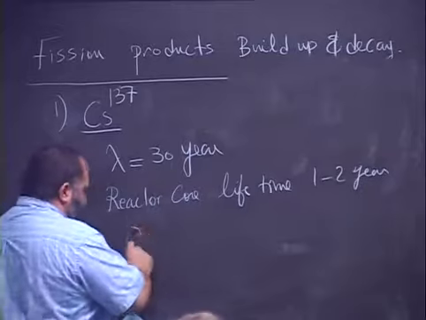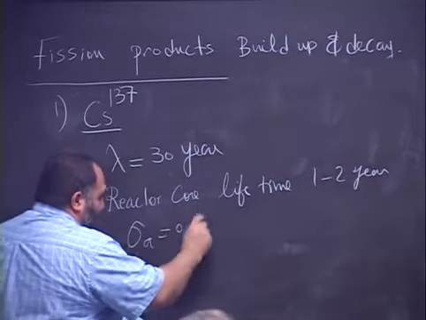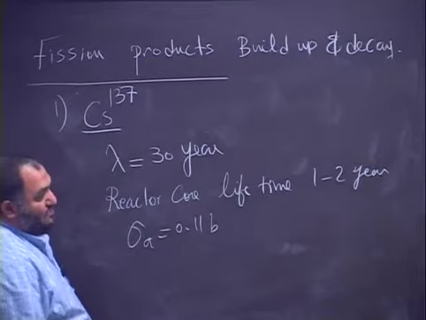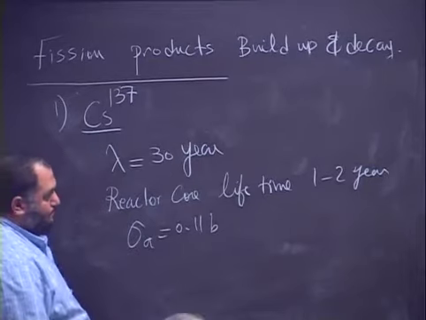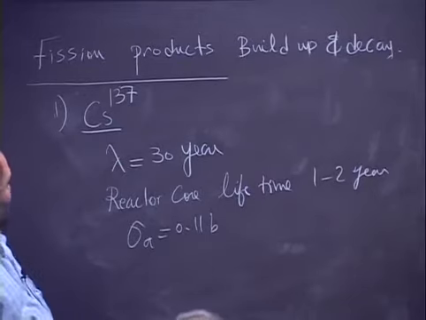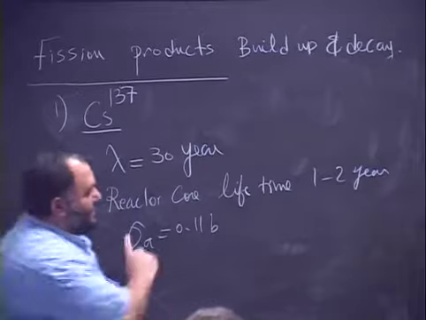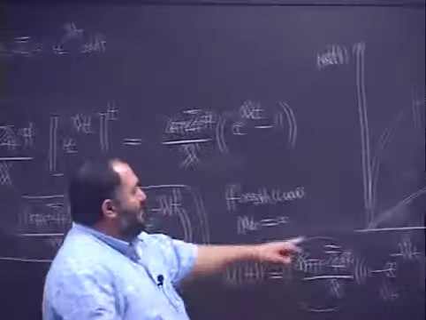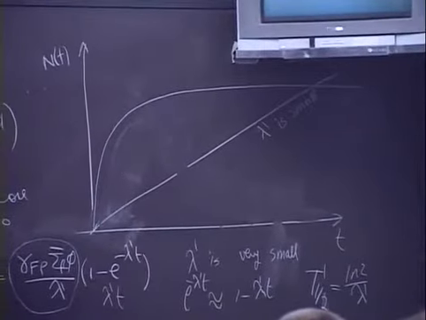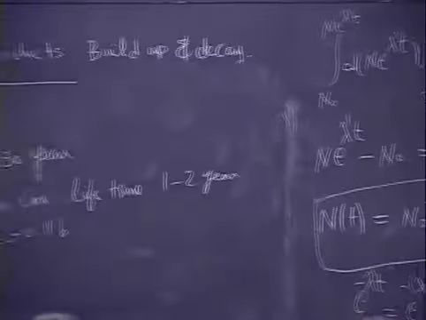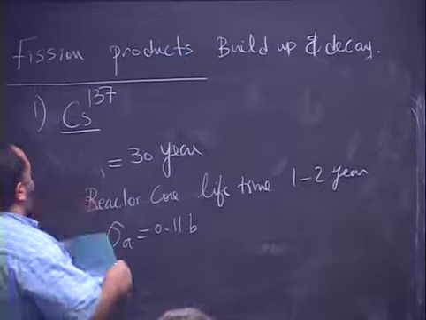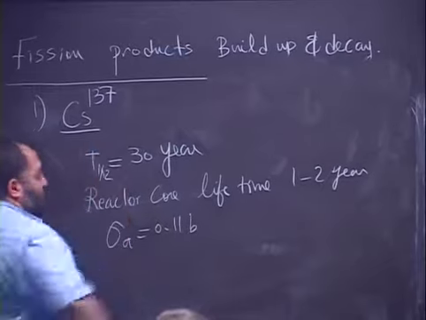Sigma absorption is equal to 0.11 barn, which is also a very small absorption. I'm sorry, this number is the half-life, so lambda is very small.